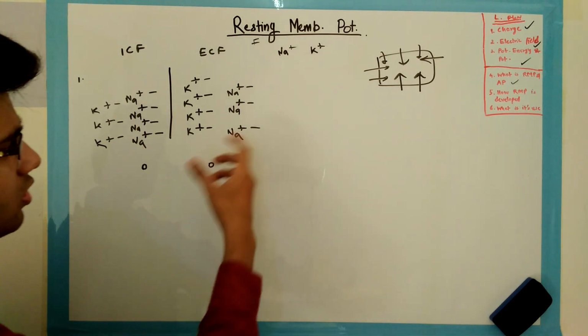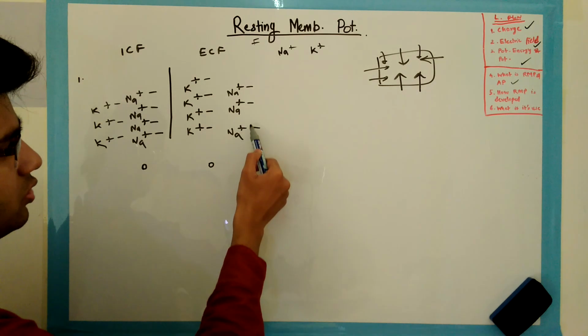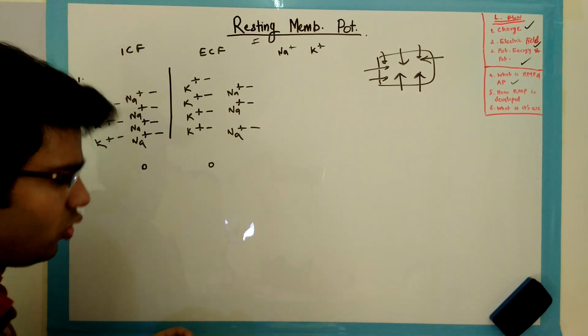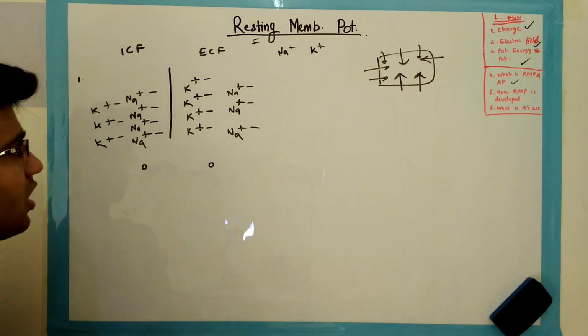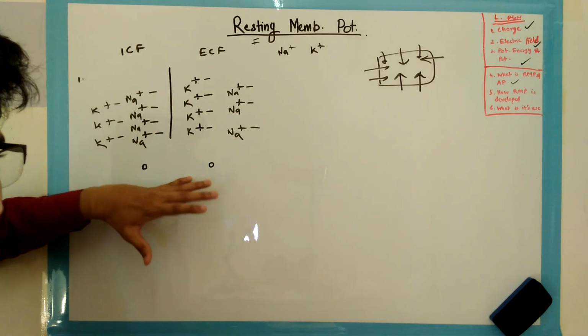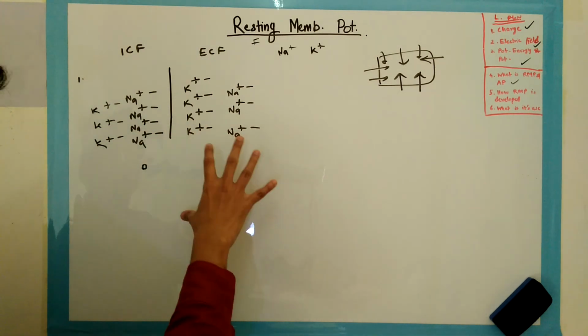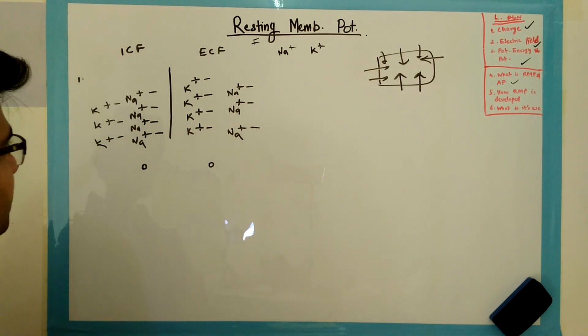We are not assigning any molecule or element to the negative charge, because that's not important to understand the concept right now. So initially, this is the condition. On both sides, charges are present and they are equal, so they cancel out each other.